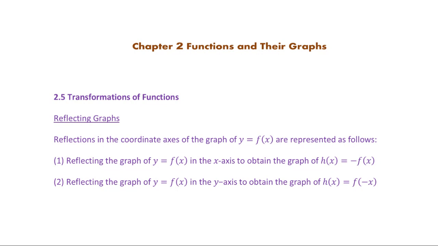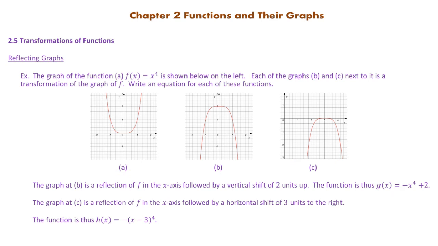So let's just do one example also. Okay. So we got the three curves in here, and the graph of the function f of x equal to x to the fourth, which is the left graph in the page, is shown below on the left. So that's the given function, given curve.